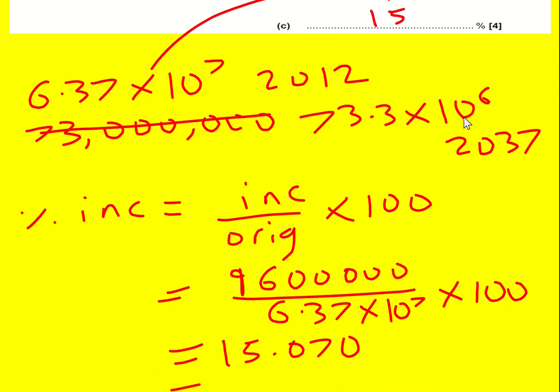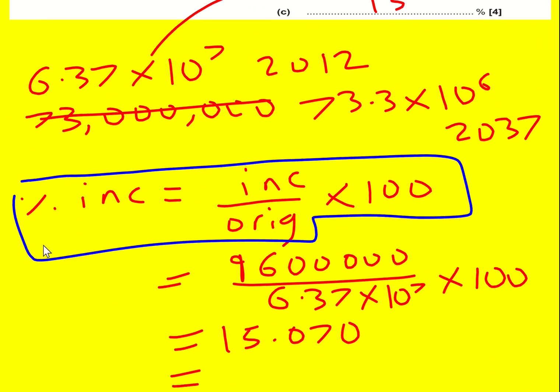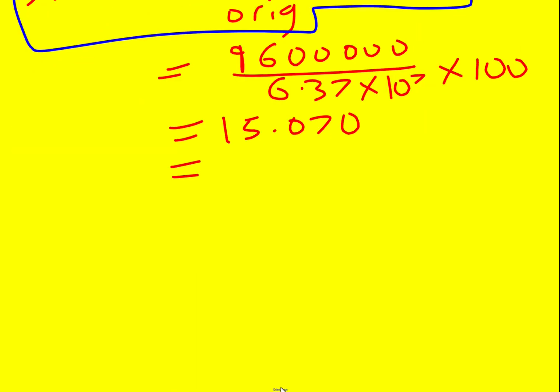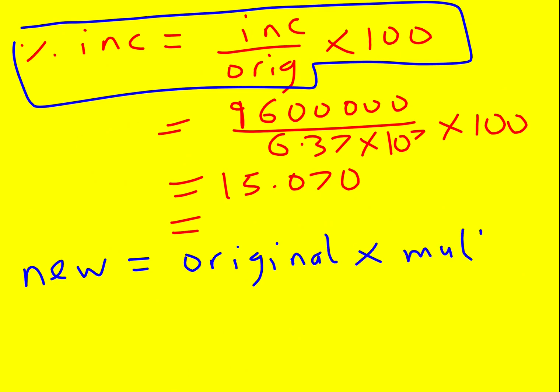Now, the downside is that you have to learn this formula, and it is worth knowing, to be honest. If you don't know it, then there is another way. It's equally as complicated, to be honest, and it's the fact that the new value is equal to the original value times the multiplier.